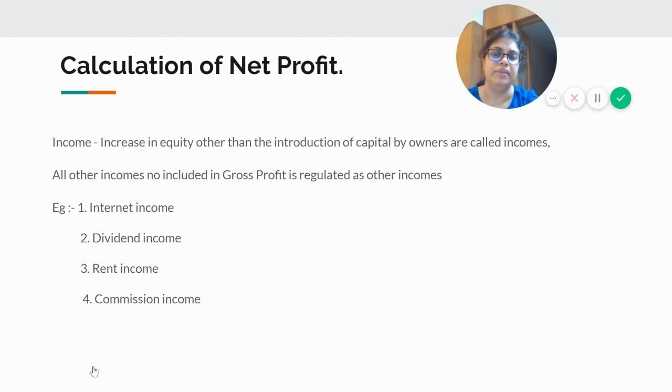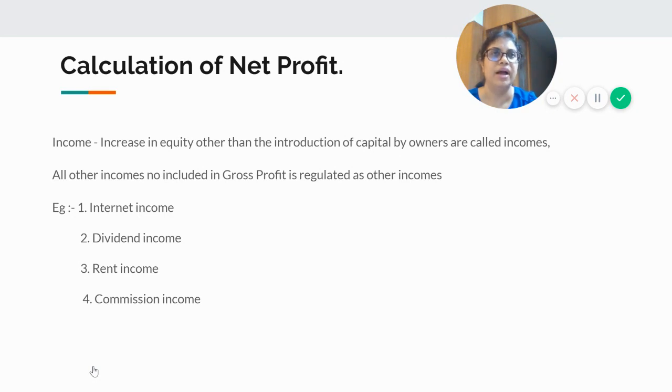Other than the motor car trading business, you must be having some extra building somewhere. So without keeping it idling, you can rent it out to someone and you can earn an income out of that. So that also comes to your business. So that's an indirect income to the motor car business.